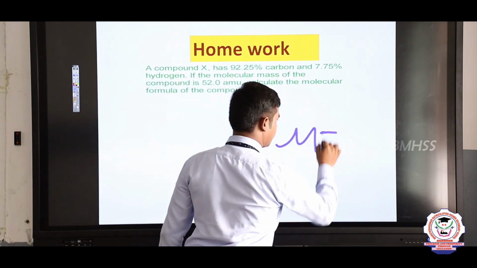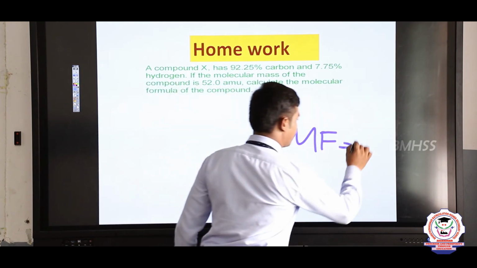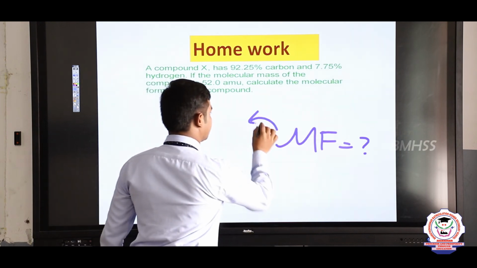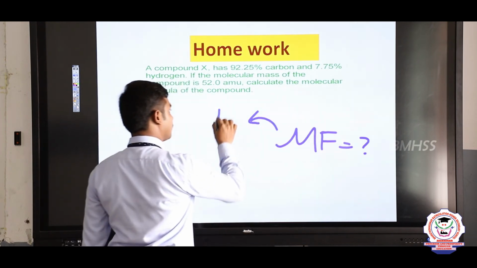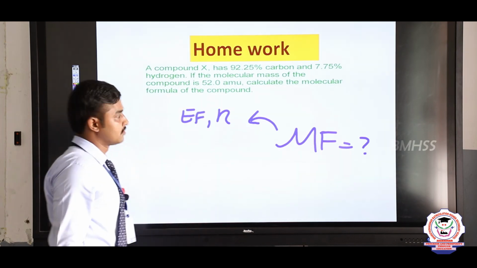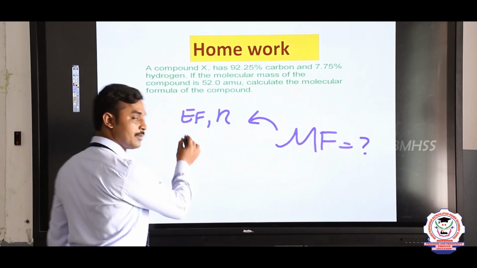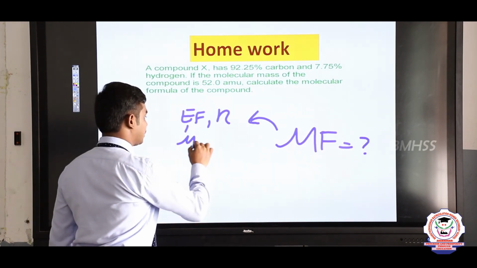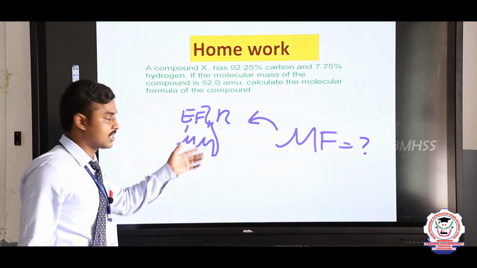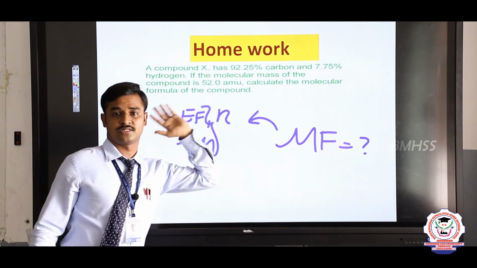You have only the percentage. You need to find the molecular formula. To find the molecular formula, you need to have the number n and the empirical formula. We can easily find the number n when we have the empirical formula and the molar mass. But we do not have the empirical formula in the question.